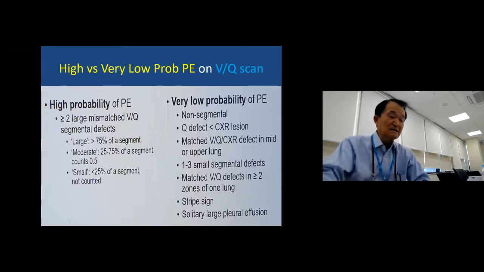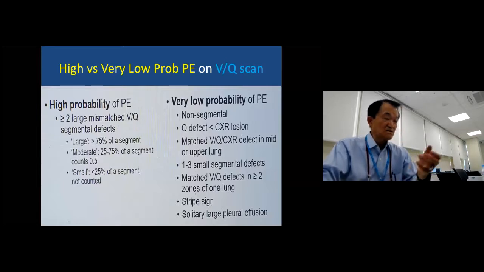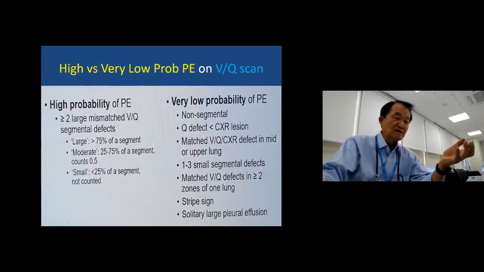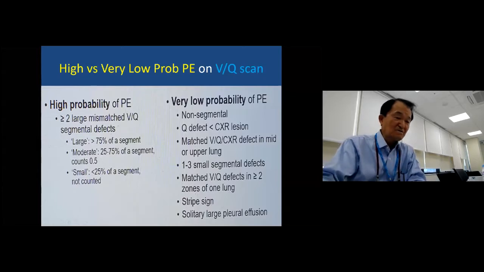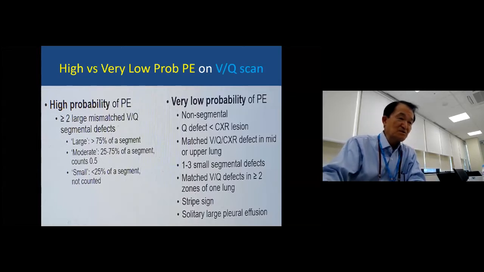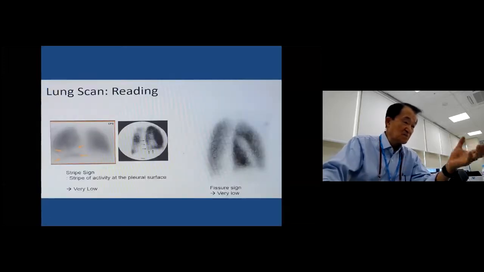Stripe sign, that's very low. And large pleural effusion, attenuating things, so you can't talk about it, but still called very low, because very few exceptional cases show pulmonary emboli in that condition. So that's why you need the multiple oblique, lateral views, whatever, if you don't have a SPECT system.